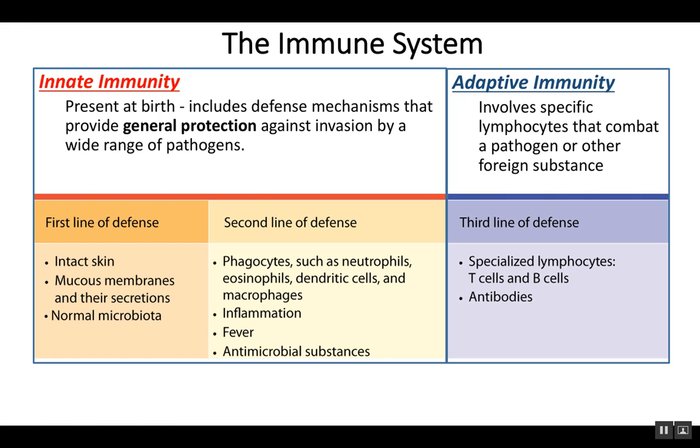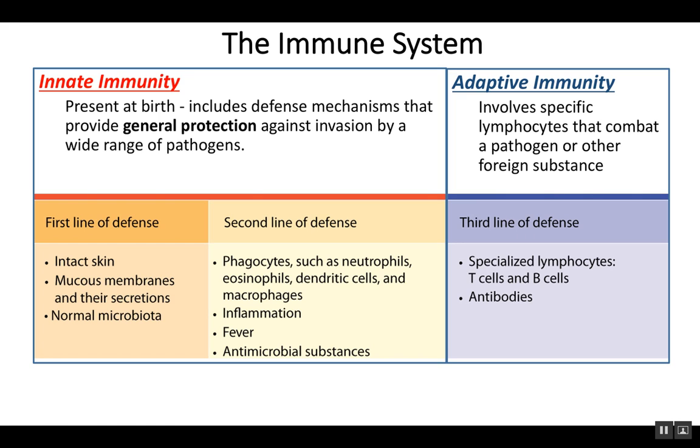So we take the immune system and we divide it into what's called the innate immune system and the adaptive immune system. So innate means present at birth. So you have an immune system the moment you're born. But it's a very general protector, meaning it doesn't work very specifically against all different strains of bacteria, doesn't know the difference between different types of bacteria yet.